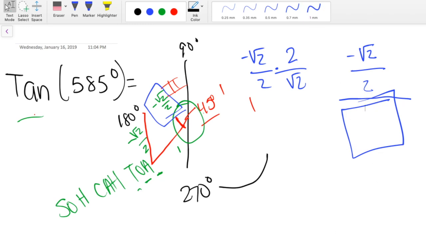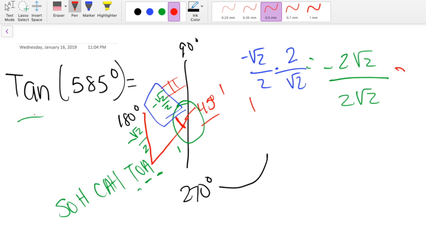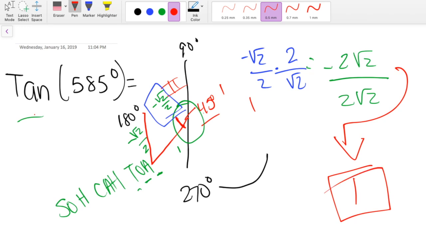Let me just make more room for that. Okay, and what does this equal over here? That gives us negative 2 root 2 over 2 root 2. And that is equivalent to 1. That's the answer. Simple. Hope you enjoyed.